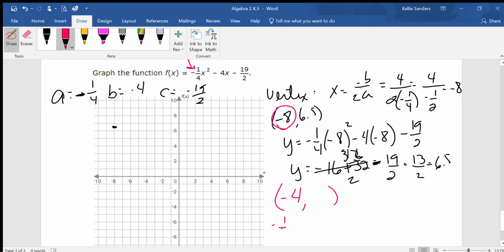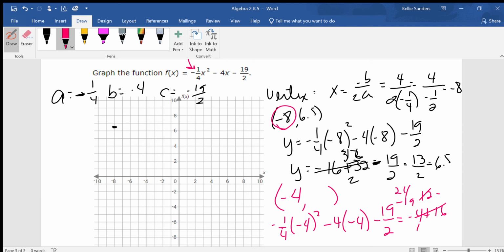So -1/4, -4 squared minus 4 times -4 minus 19 over 2. That's 16 over -4, which would be -4, plus 16, which would be 12, which would be 24 minus 19, which would be 5 over 2, which is 2.5.